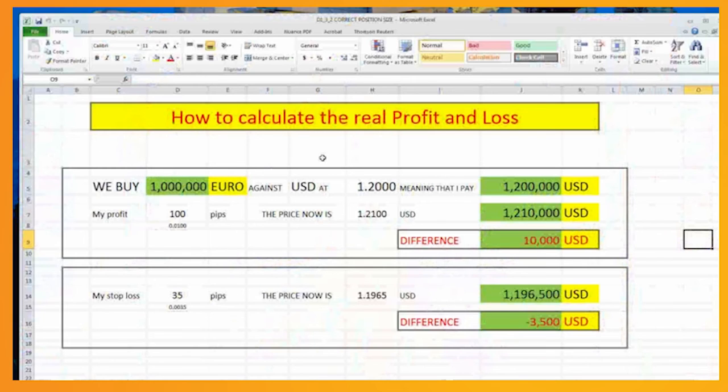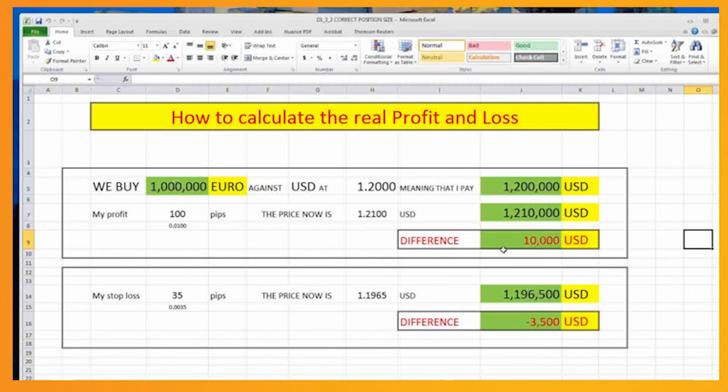So look at this. Let's buy. Of course, this is very basic. We buy, let's say, 1 million euro at the price of 120, and we have to pay $1,200,000. If the movement is in our direction and prices go higher, then the next day or the next hour, whatever, you can give back your 1 million euro and you are going to receive $1,210,000.